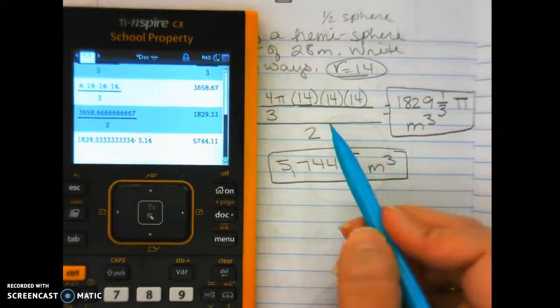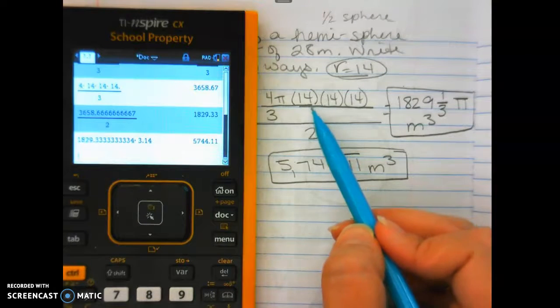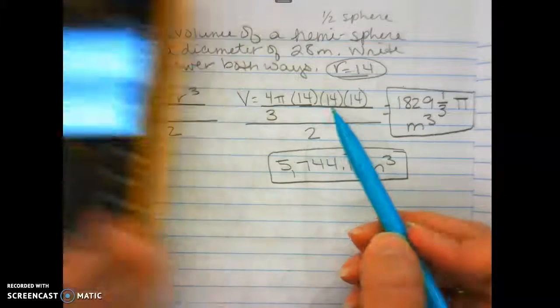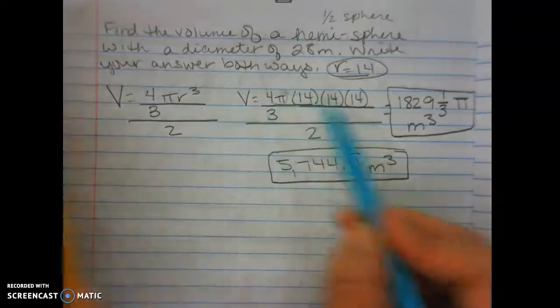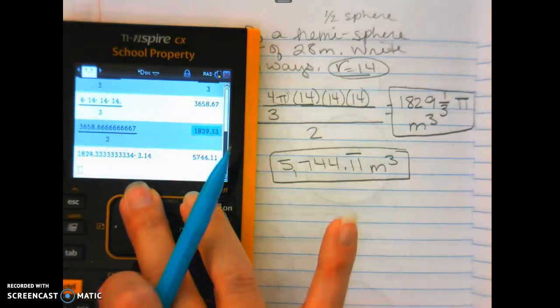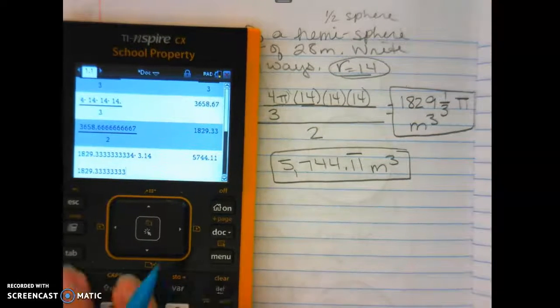Now, I will remind you what we learned a while back when we did circles in 6th grade. 14 is a multiple of 7. So technically, we could use 22 over 7 for pi. So look at what happens when we do this. Let's start over.